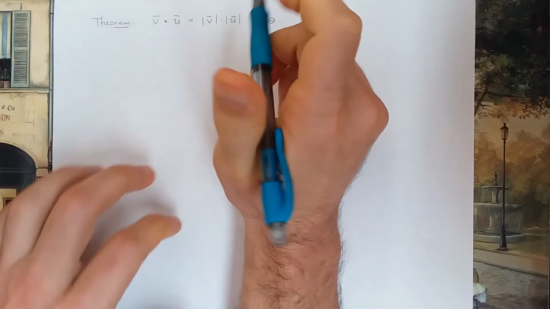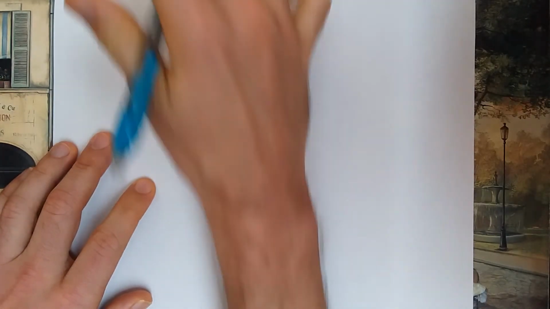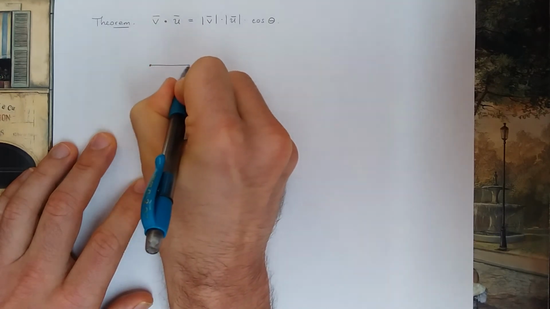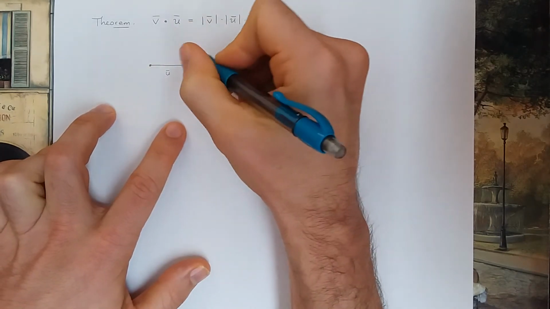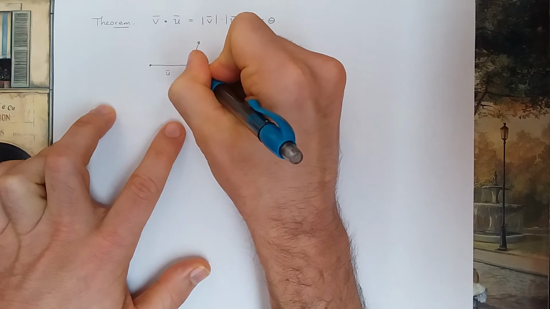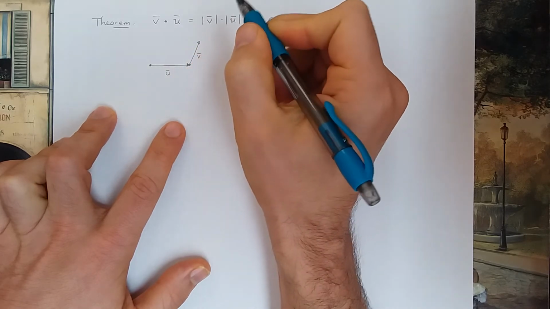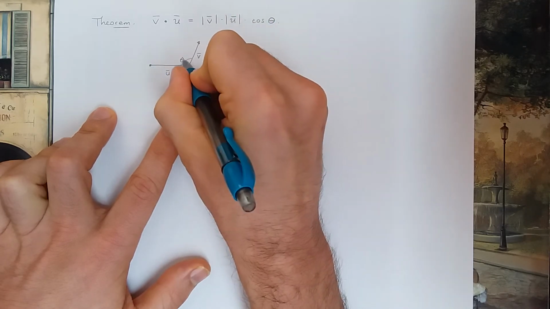So let's draw a picture to explain why this works. I'm going to start with a vector u. Maybe that's my vector u. And then I'm going to put the vector v starting at the end of the vector u. So that's the vector v. The angle between the two vectors in this picture is here.